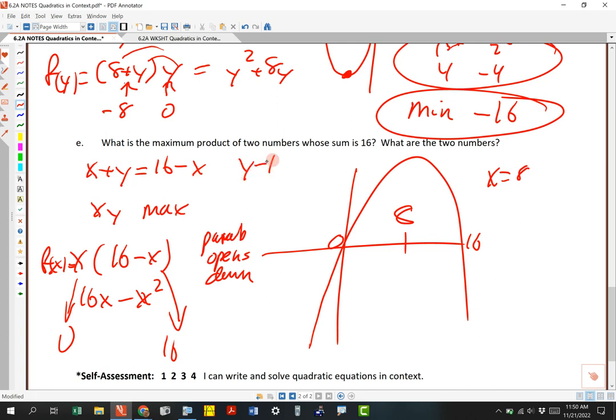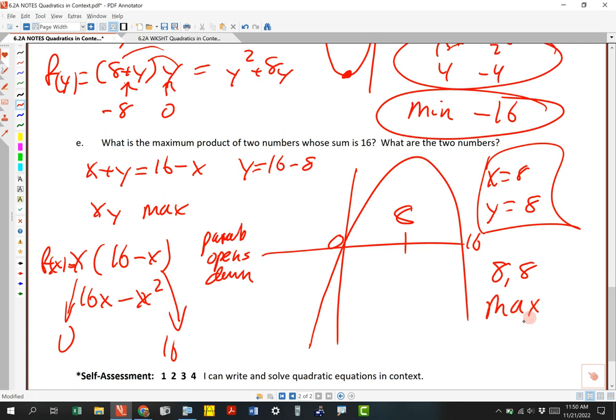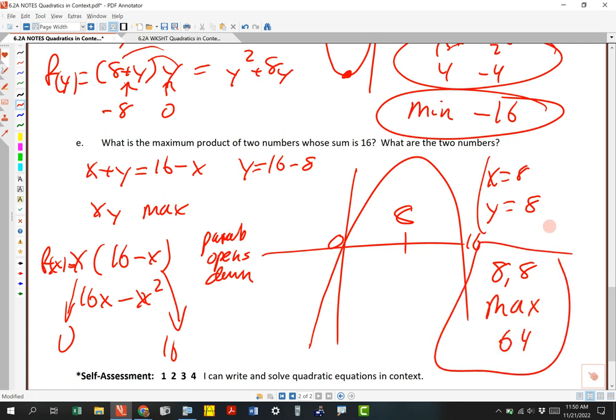I get y equals 16 minus 8. So that means what's y? 8 also. So the two numbers are 8 and 8. They didn't ask for this on this particular problem. What is the maximum product? They did ask for the max. The max is 64. Okay. 7 and 9 is pretty close.